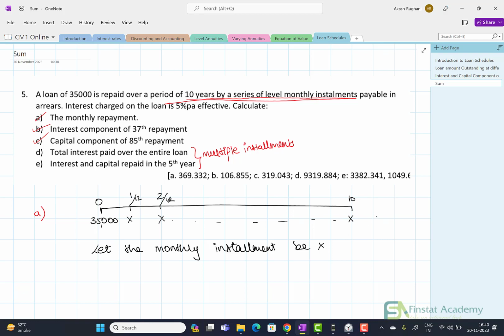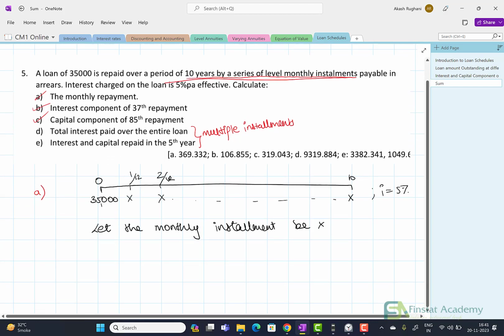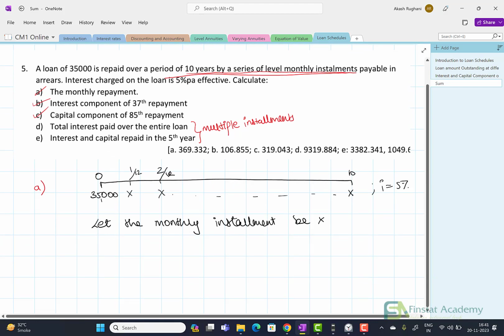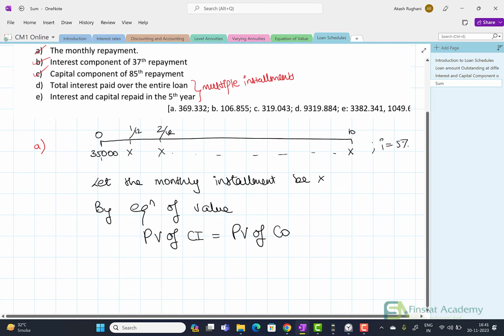The rate of interest being charged here is 5%. Calculate the monthly repayment. So monthly repayment is nothing but my installment. Okay, so we will use our equation of value. So by equation of value, present value of cash inflow is equal to present value of cash outflow.